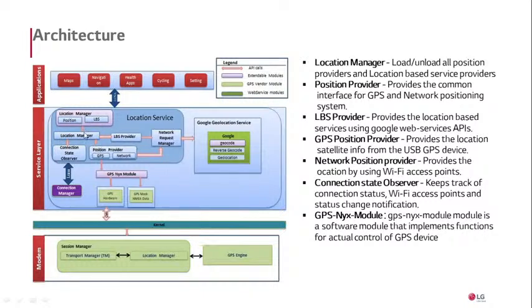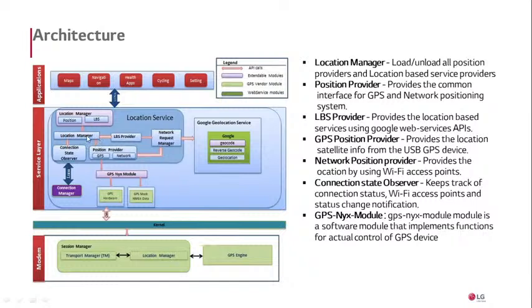The position part is further divided into position providers, which include a GPS-based position provider and a network position provider. And there is also the location manager. We have kept it twice for easy reference, so this and this are both the same.